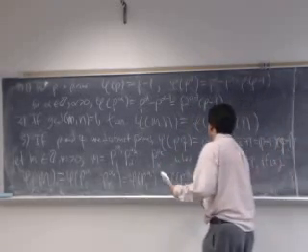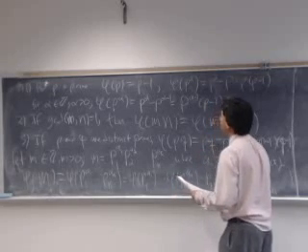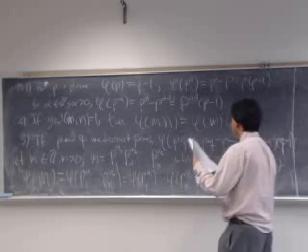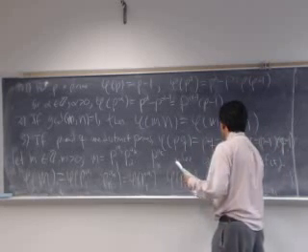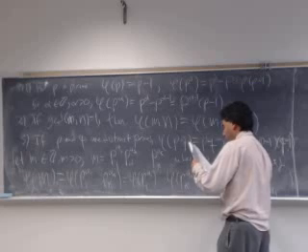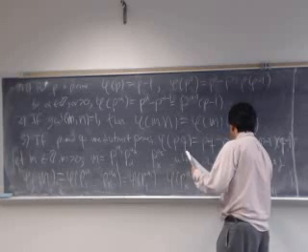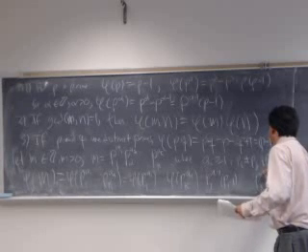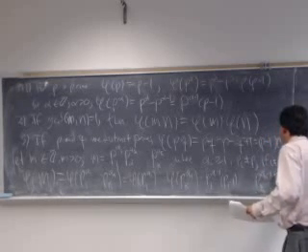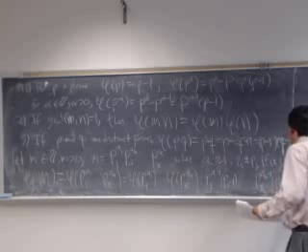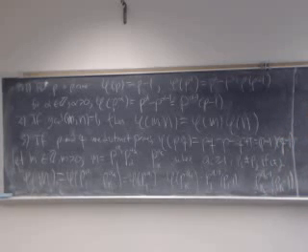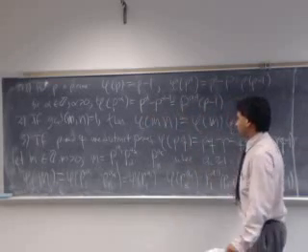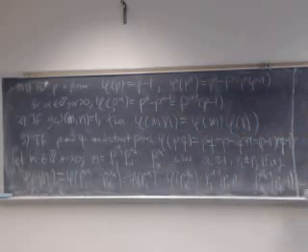And then we end up with P1 to the A1 minus 1 times P1 minus 1. And that will continue on all the way up to PK to the AK minus 1 times PK minus 1. Again, I'm appealing to this formula and this term for each of those distinct primes.